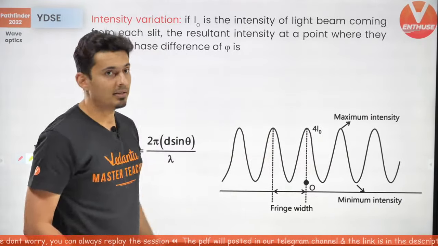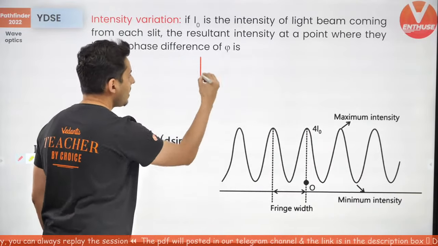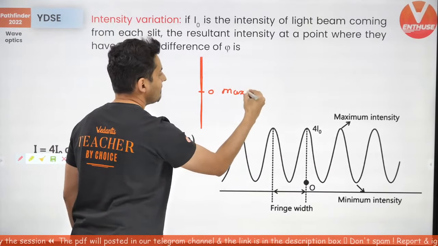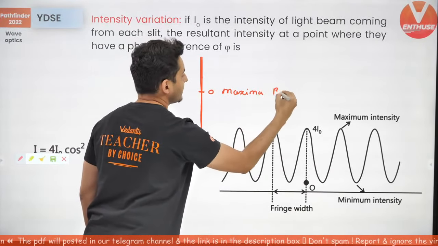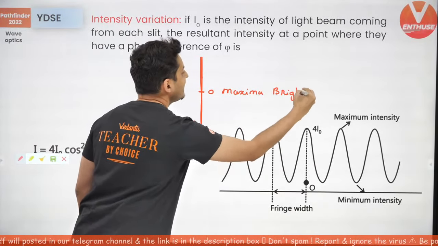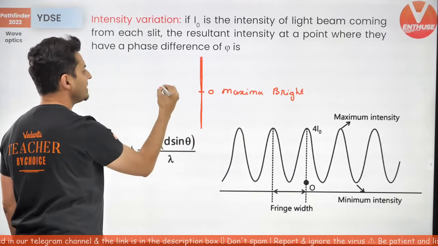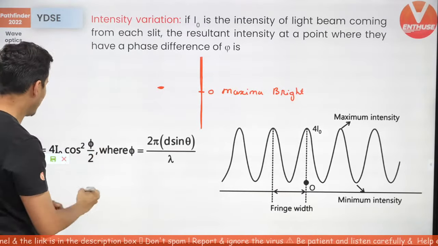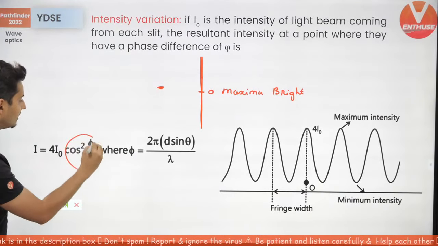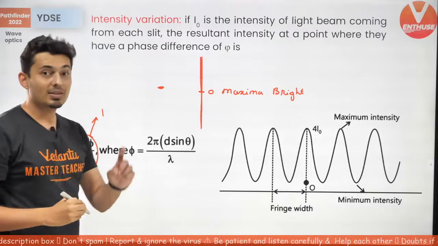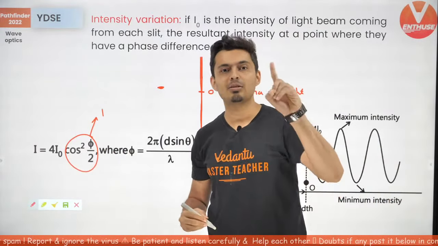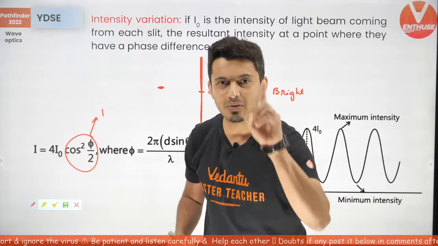What this graph tells you is, on the screen, if you are here, you get maxima. Maxima means bright fringe, so the intensity is highest. Maximum intensity can happen only when this term is 1, because cos's maximum value is 1, sine's maximum value is also 1, and cos square's maximum value is also 1.